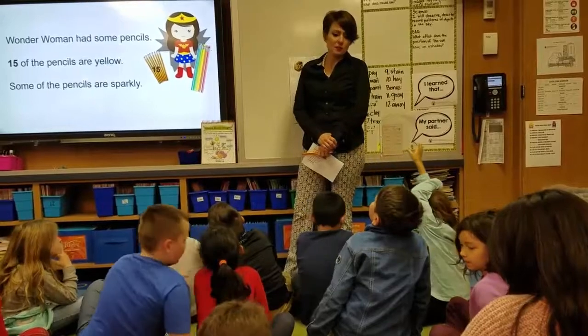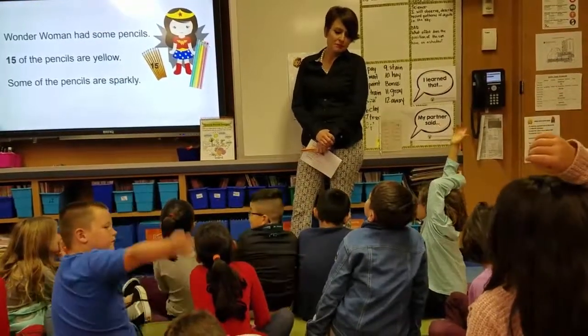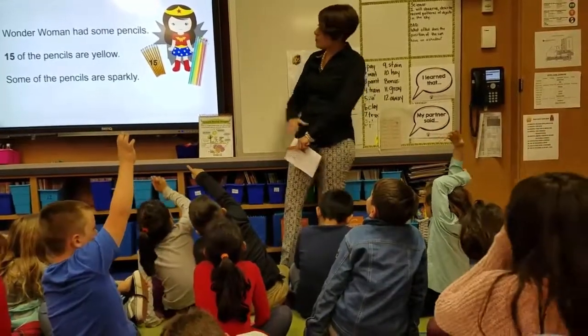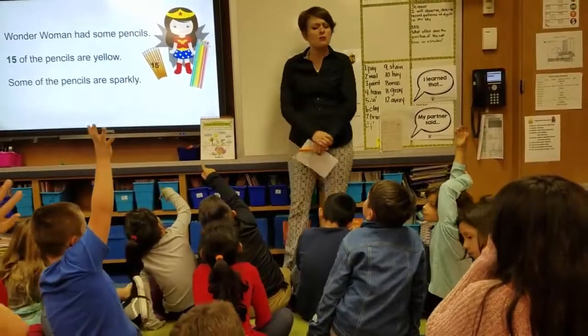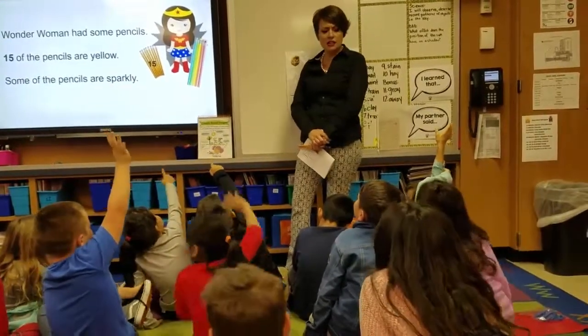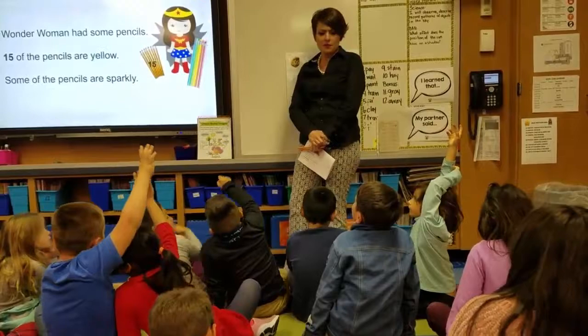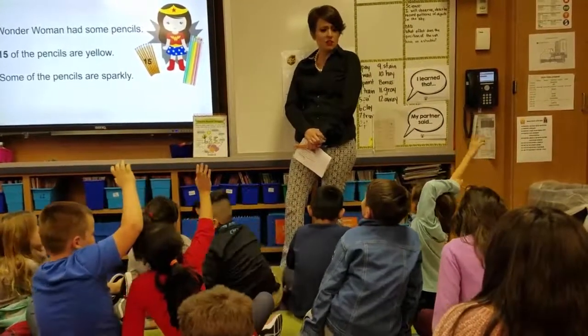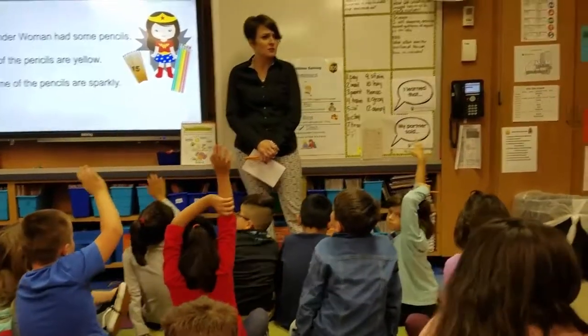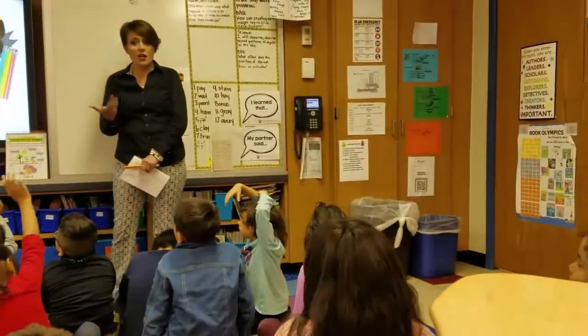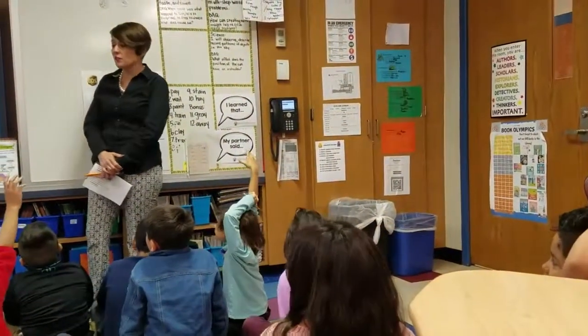There's no wrong answer. What number of pencils would you guess would be a reasonable number that are sparkly? 7? That's a great guess. Andrew, what do you think? 39. 39, that's a great guess, she might have 39 sparkly pencils.